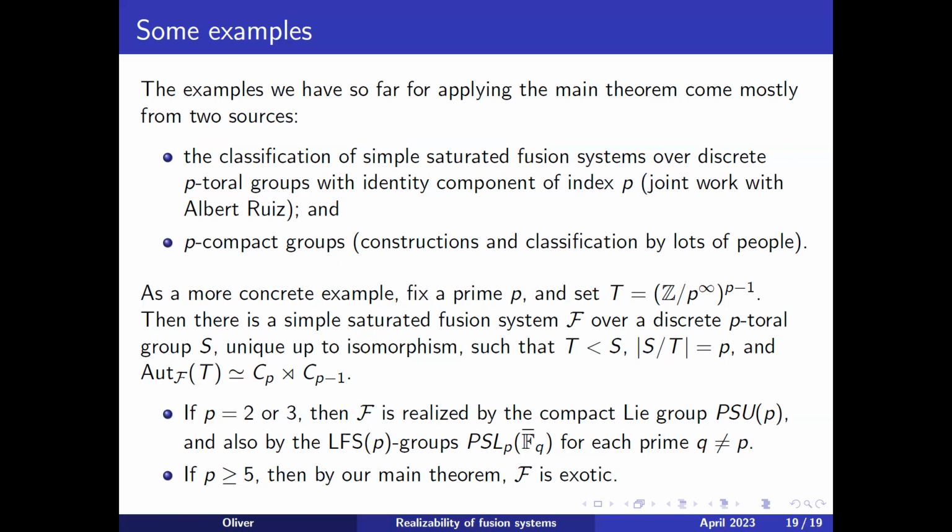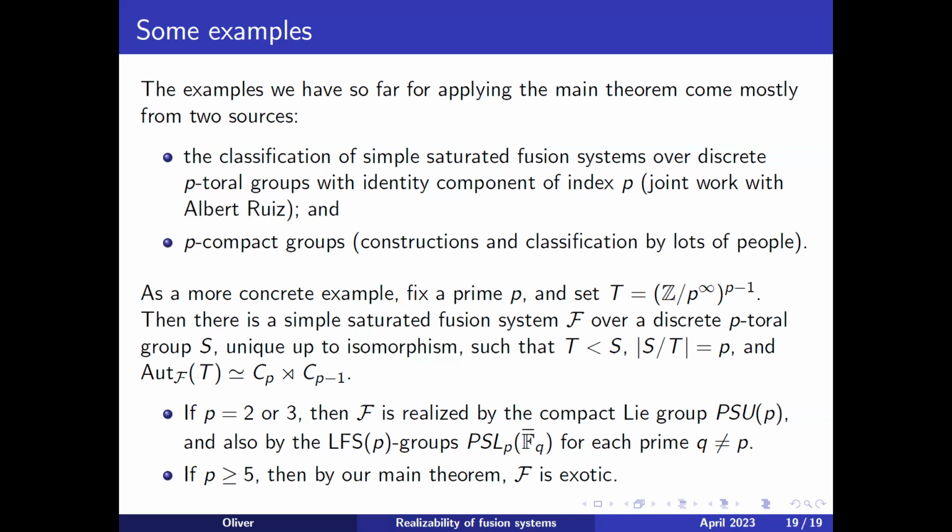So if p equals 2 or 3, F is realized by the compact Lie group PSU(p), projective special unitary group, and also by the discrete groups, projective special linear groups, PSL_p of F_q bar for q a prime different from p. And then if p is greater than or equal to 5, F is exotic by our main theorem.